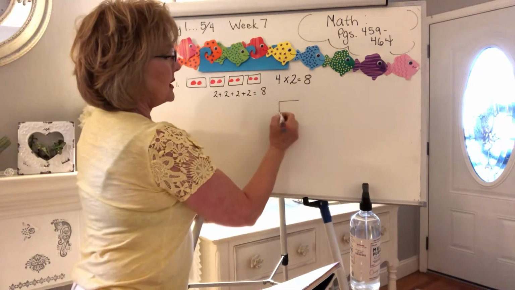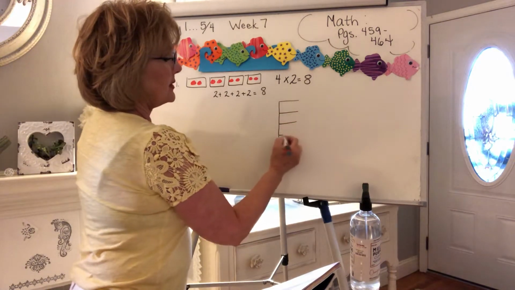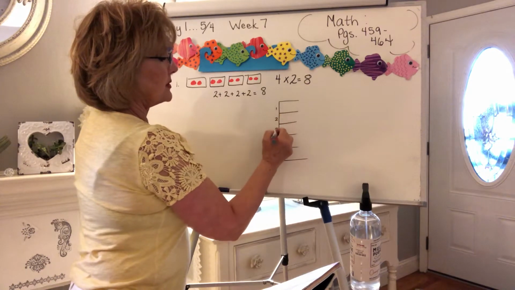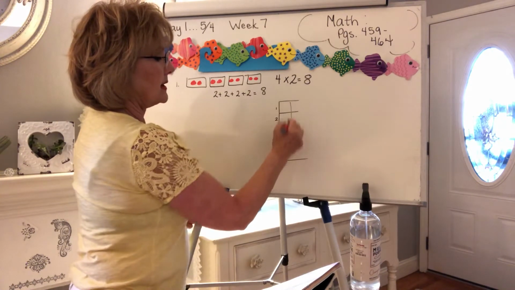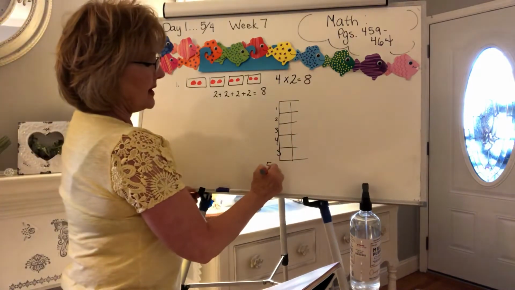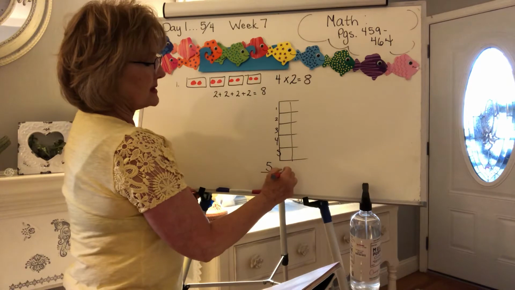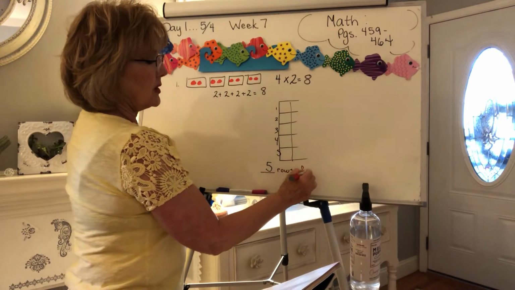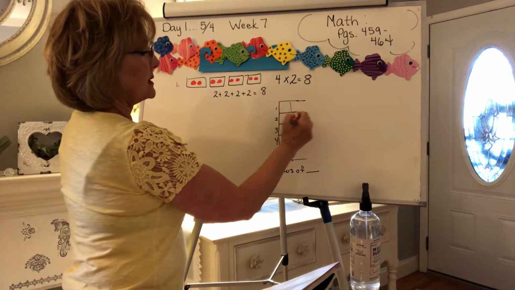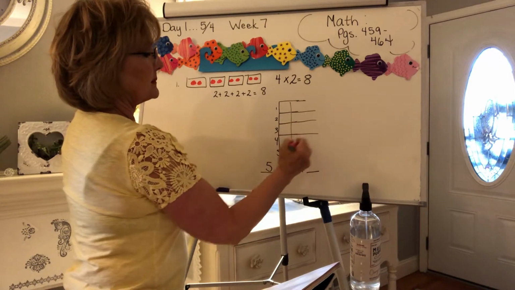Those are the rows going across. So you have 5 rows of what? How many are going down?